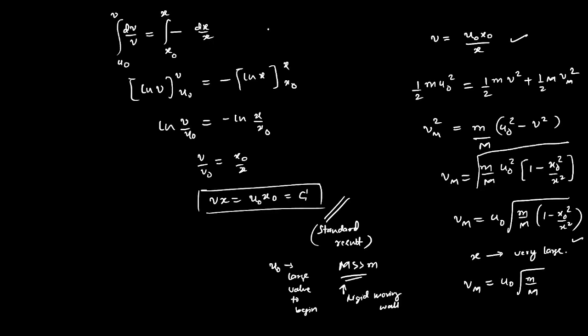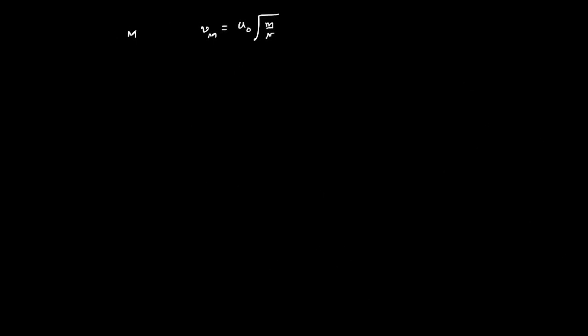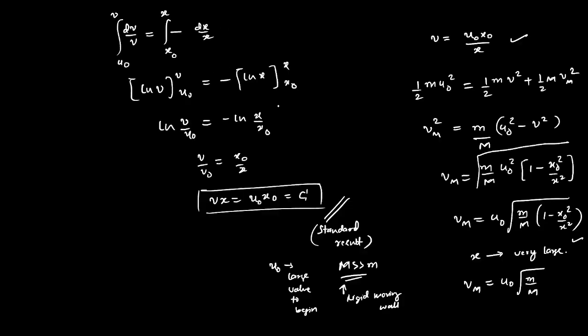Now see, after a long time, the capital M will be moving with the speed of u naught root of small m by capital M. And because from the expression, small v is equal to u naught x naught by x, right? After a long time, at x being a large value, v tends to be very small, as x becomes very large.